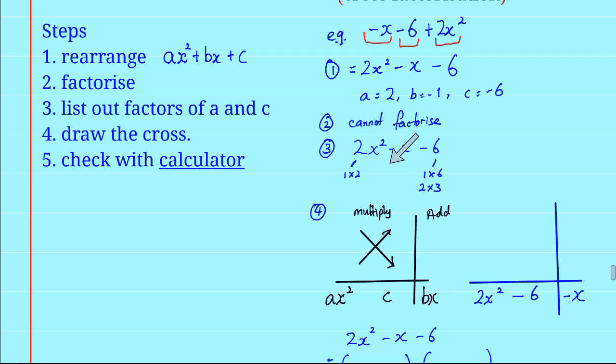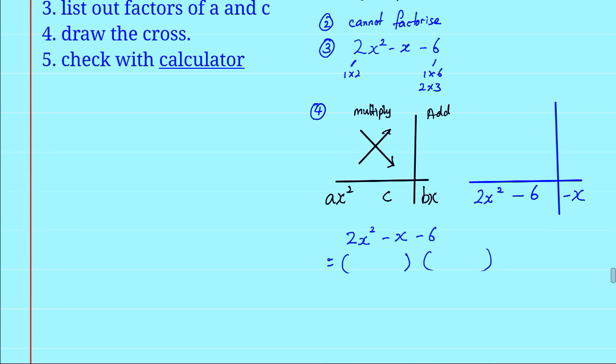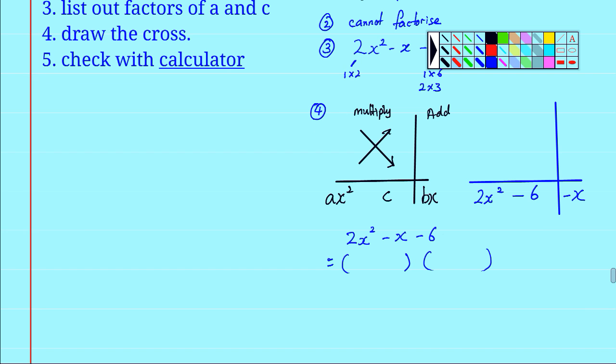So over here I will put 2x squared, I will put negative 6 here, and I will put negative x here. Now what you want to do next is you want to write out the factors of 2x squared. So I know it must be 2x and it must be 1x here. So when I multiply this together, I will get back my 2x squared.